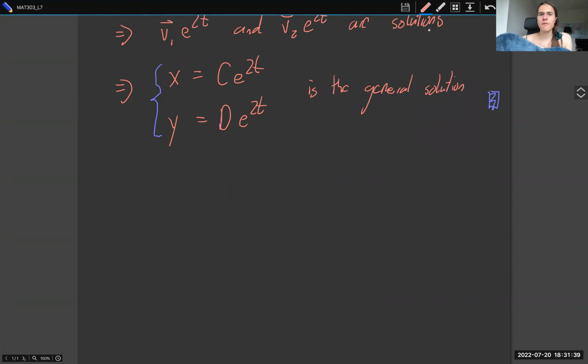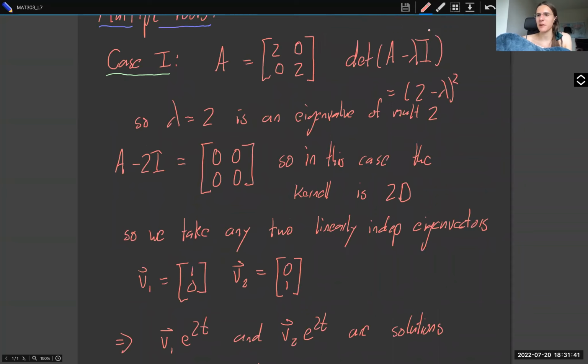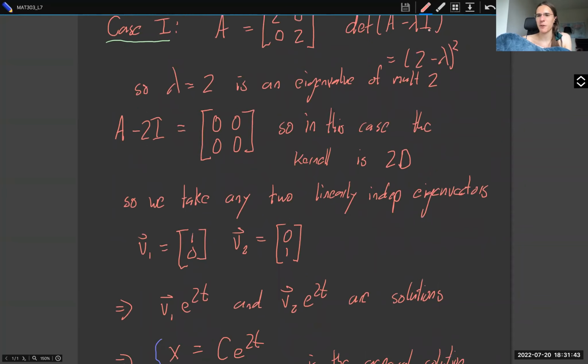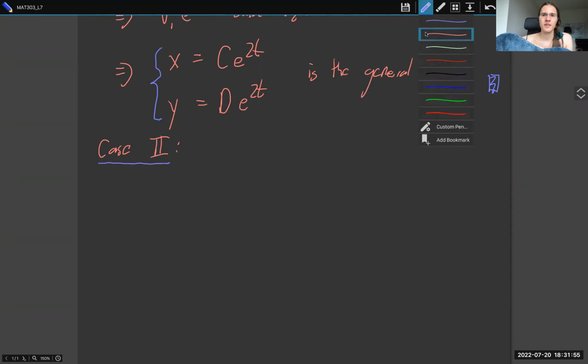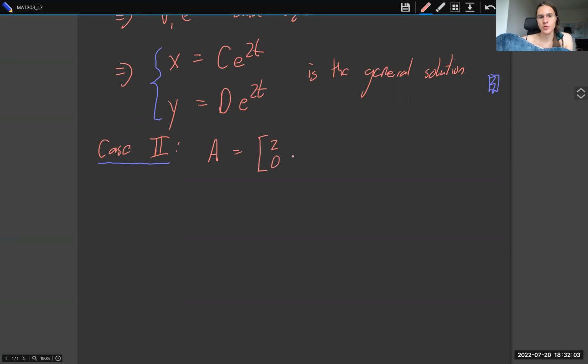Well, so you may think, okay, well, that's simple. So multiple roots aren't a problem. Well, then unfortunately, we get to case 2. And case 2 is, let's consider the example of A equal to 2, 0, 2, except there isn't a 0 here. There's now a 1 here.